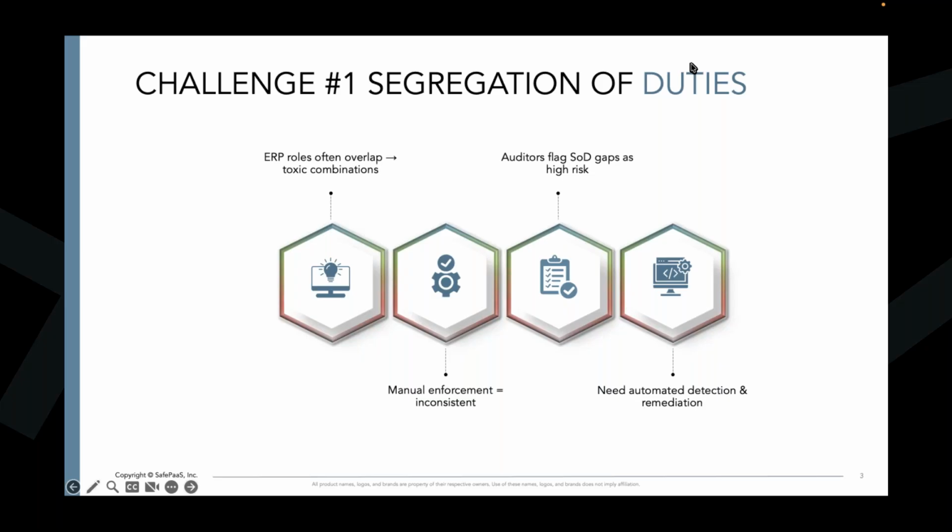When you're eyeballing things through a BI report, let's say, you're generating a ton of false positives. So you're not focused on the real risk, you're focused on the noise. And the noise to signal ratio is significant when it comes to challenge number one, which is the segregation of duty challenge.